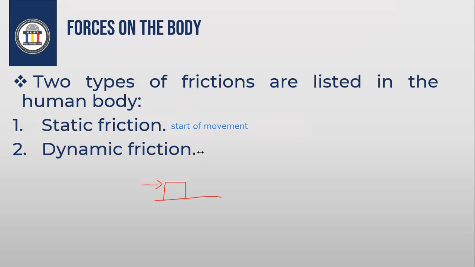If it is a continuous movement, that means you are in the dynamic friction. So if you are pushing an object and it's not moving, and then it starts moving, that means static friction. If you are pushing the object and it continues moving, that means it's about dynamic friction.